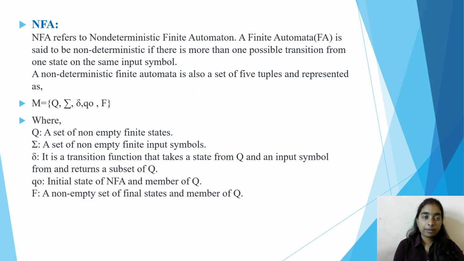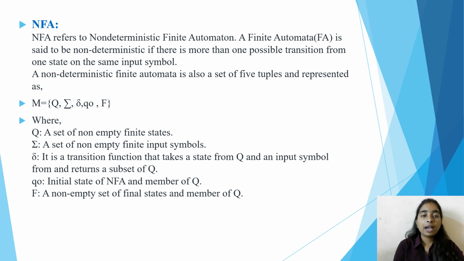Secondly, what is NFA? NFA refers to non-deterministic finite automata. A finite automaton is said to be non-deterministic if there is more than one possible transition from one state on the same input symbol.